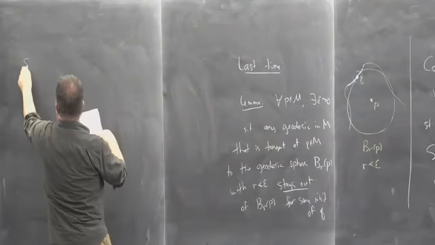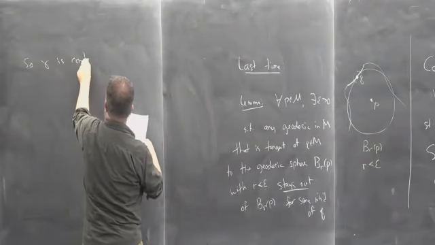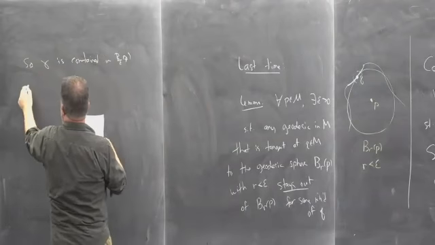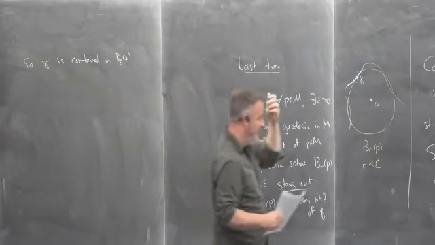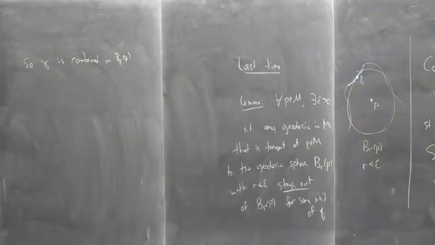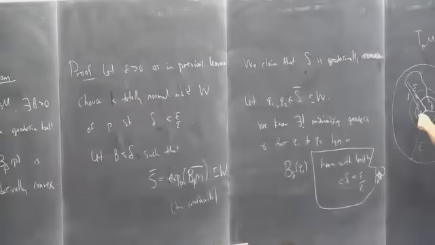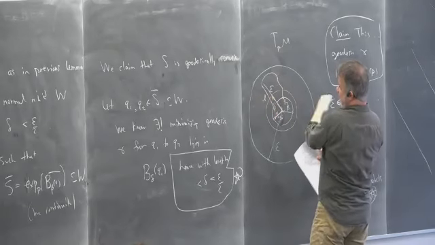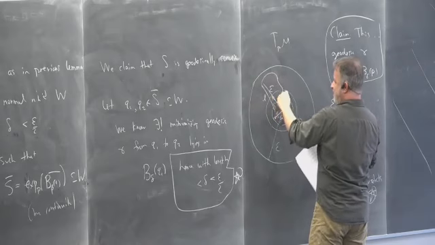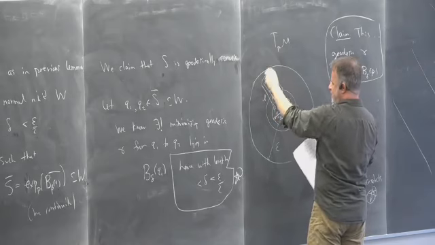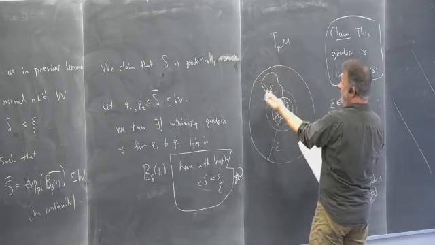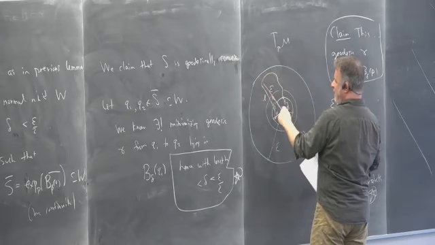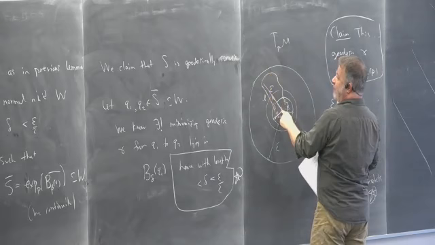Okay. So gamma is contained in B epsilon P. Again, looking at this picture, there's going to be a point on this pink geodesic in TPM here, right? This is the inverse image of the geodesic under the exponential map. Okay, this is the curve in the geodesic ball in TPM, which gets mapped onto the geodesic by the exponential map. There's going to be a point on this pink curve of maximal distance from the origin.